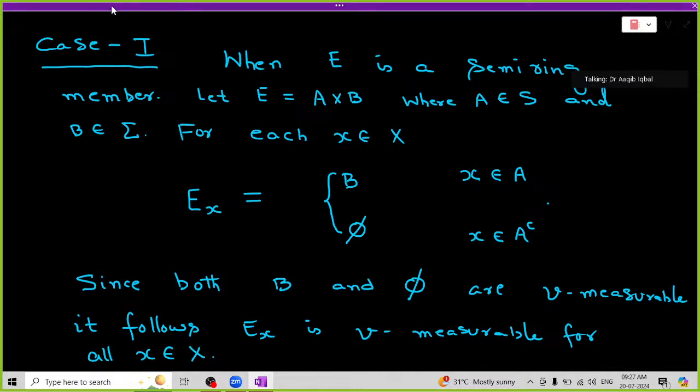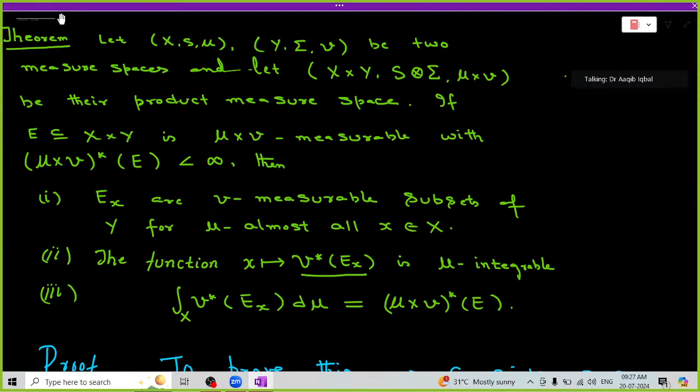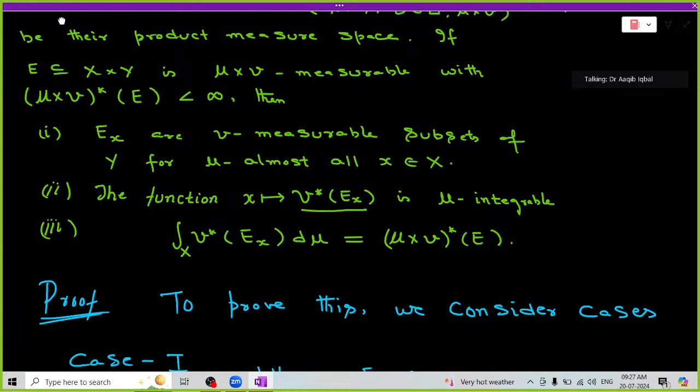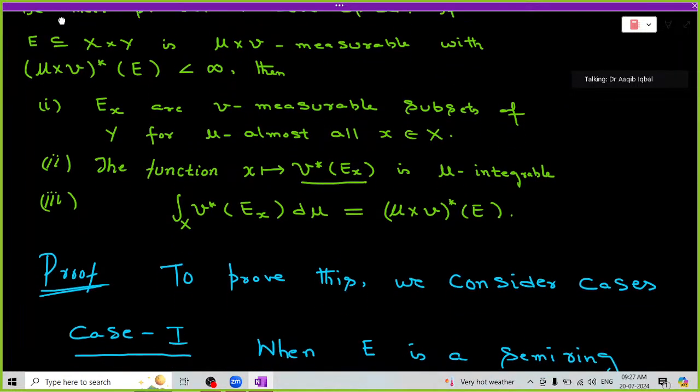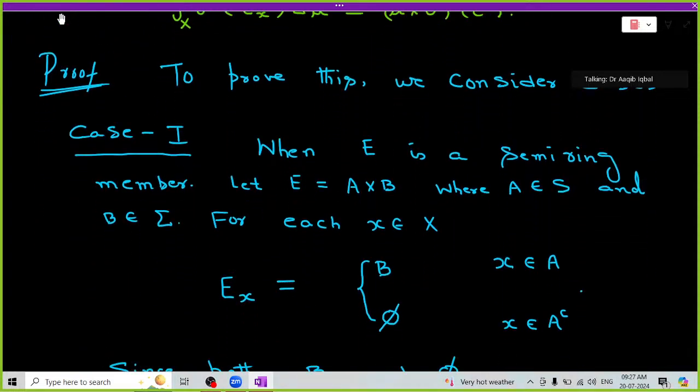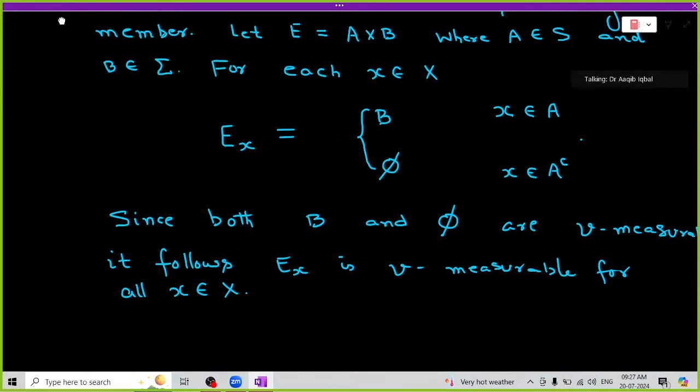Now compare this with the first conclusion of the theorem, the first part of the conclusion. The first part of the conclusion is that E sub x, the x sections, are nu measurable subsets of Y for almost all x. Here we are getting something better: E sub x's are nu measurable for all x's.